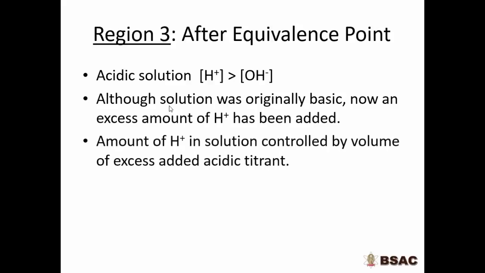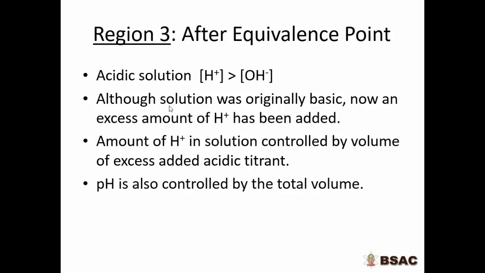Okay, how many hydrogen ions do we have left in solution? Well, that depends upon the volume of the HBr in this reaction that we've added. As we added more and more HBr titrant, we have more and more hydrogen ions left over in solution.